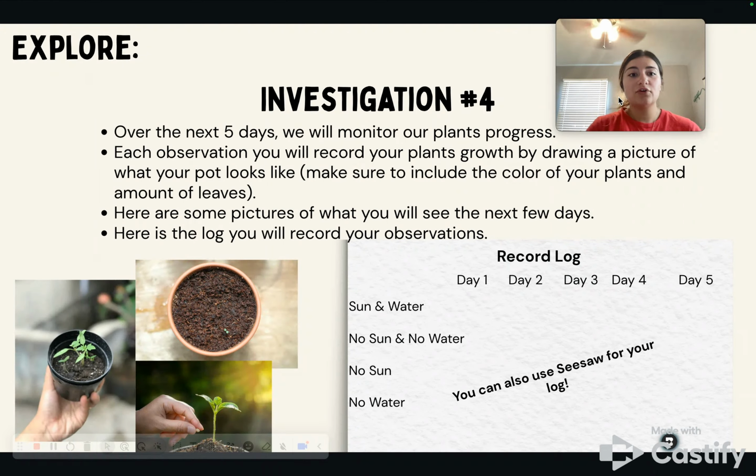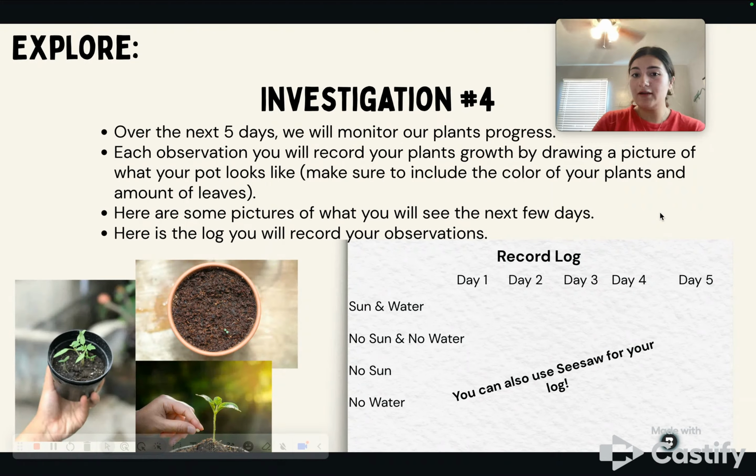So here are some pictures of what you will see over the next few days. And here's what your log is going to look like when we do these observations. Now, I want to make sure that you guys know you can also use Seesaw, which we know what it is, online, where you can take pictures and put those in each section of the log.